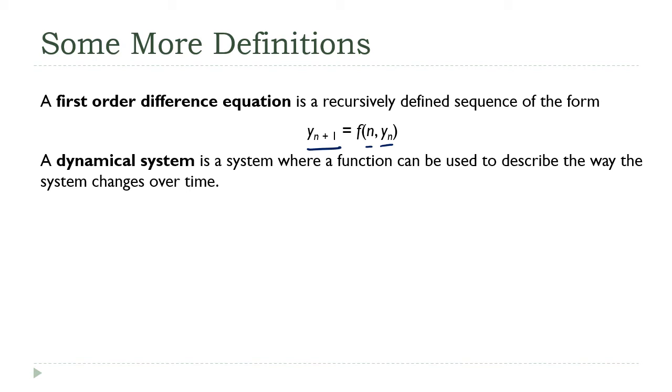Now, what makes this a first order difference equation is that we only need to know the value of the previous term in the sequence to calculate the next one. All right, so looking back at our previous example, f of n comma y sub n, this function here, would be 0.707 y n minus 1, right? 0.707 times the previous weight.